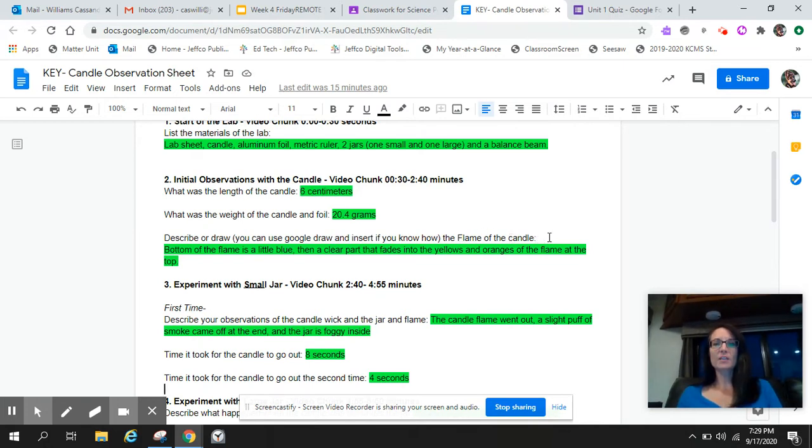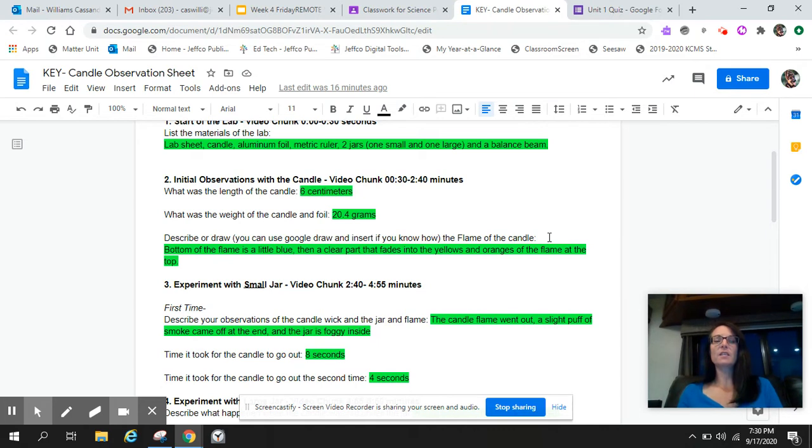So if you were wondering how to do that here with the remote learning, you could have drawn a picture with markers or colored pencils at your home and taken a picture with your phone and uploaded it to your computer. You could have used a program such as Google Draw to also try to make it a drawing, but more virtually. Or you could have just described what you are seeing.